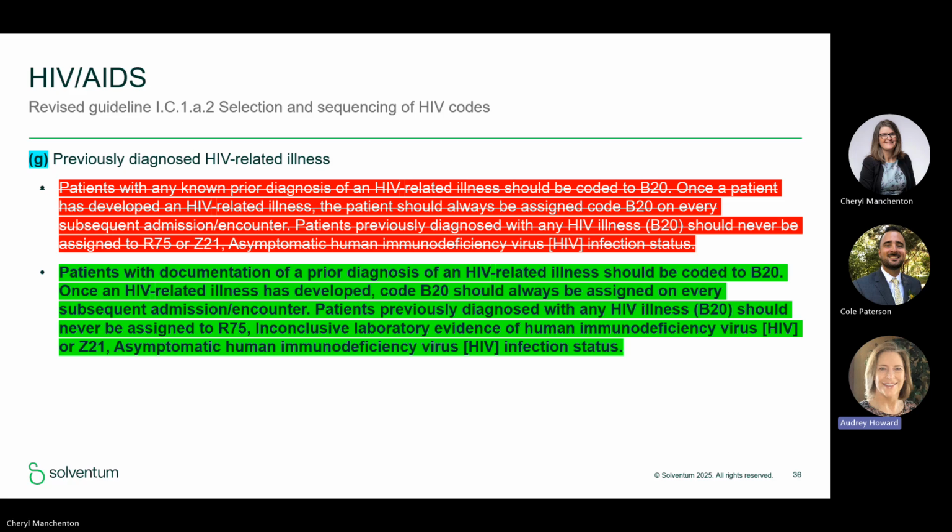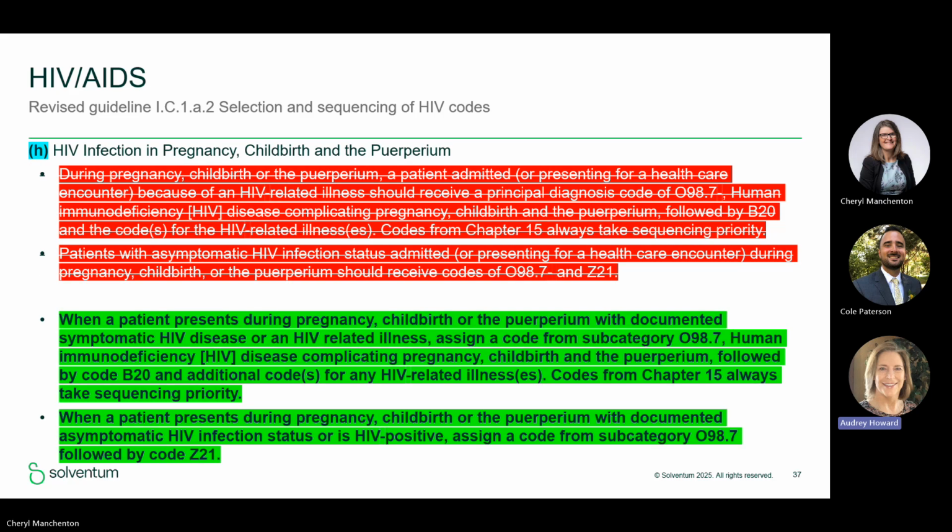Going on to the next slide, guideline H then is related to pregnancy, as shown here. Code O98.7 is sequenced first, followed by code B20 for pregnant patients with documented symptomatic HIV disease or an HIV-related illness. Remember, codes from chapter 15, which are your pregnancy-related codes, always take sequencing priority.